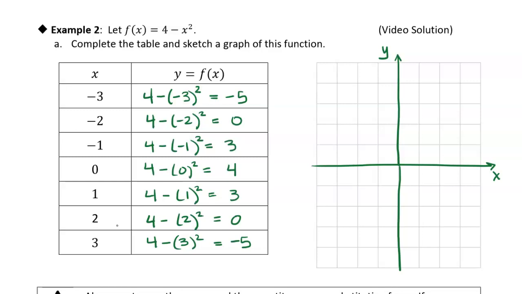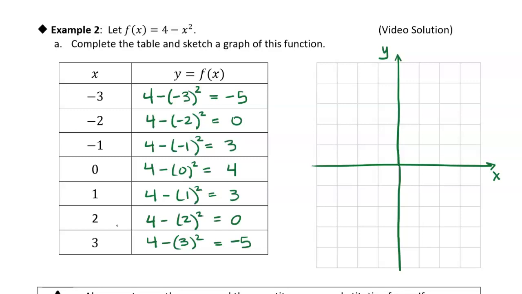The one thing to be careful of is when you're squaring a negative. In this one, you probably didn't have to put it in your calculator. But if you were to, when you're squaring a negative number, make sure you put parentheses around it.